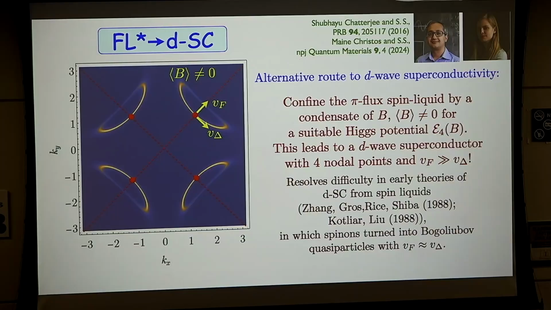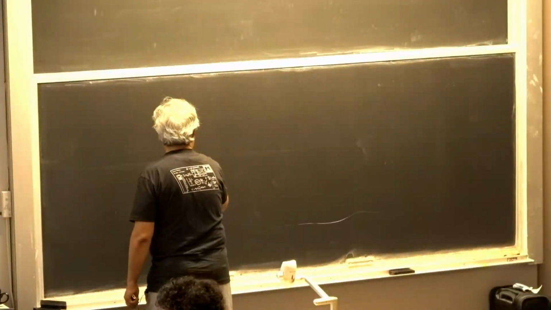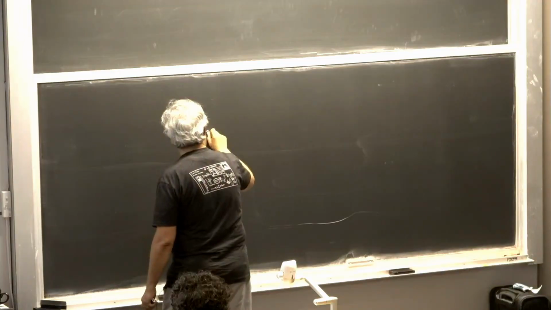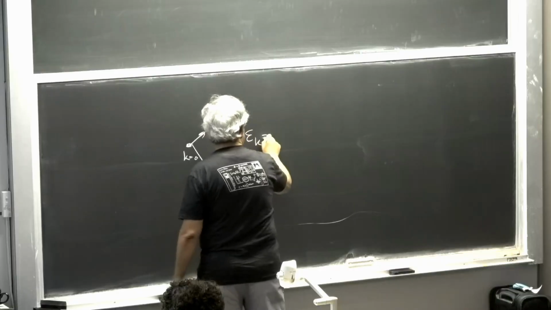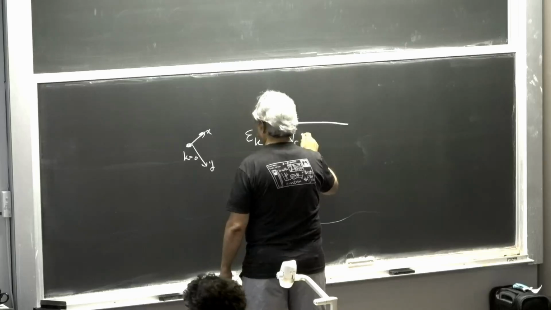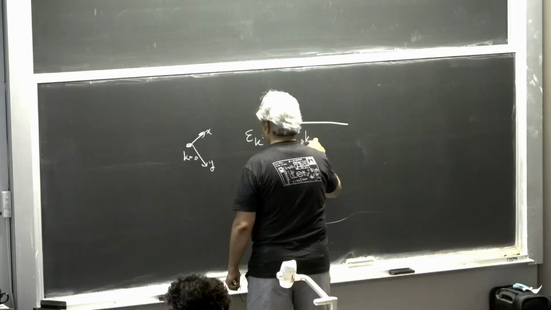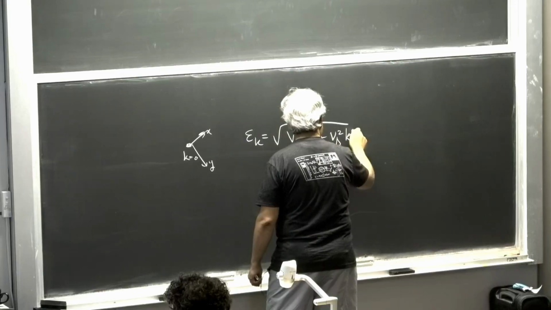So how do you calculate this V delta? What is the definition here? Is it just the momentum derivative of the quasi-particle energy? Well, once you have a superconductor, near this point, if this is k equals 0, and let's call this x and that y, then the dispersion Ek is the square root of Vf squared ky squared plus V delta squared kx squared.